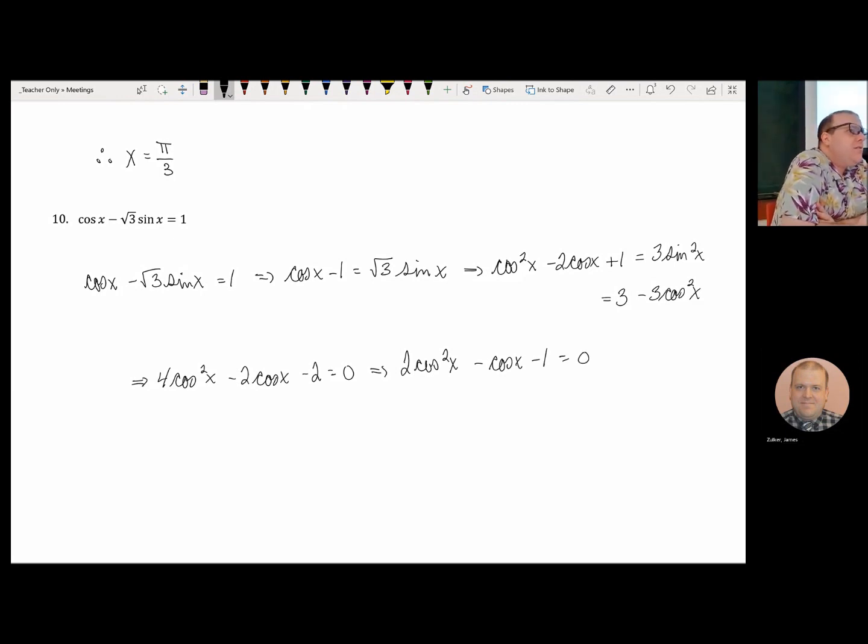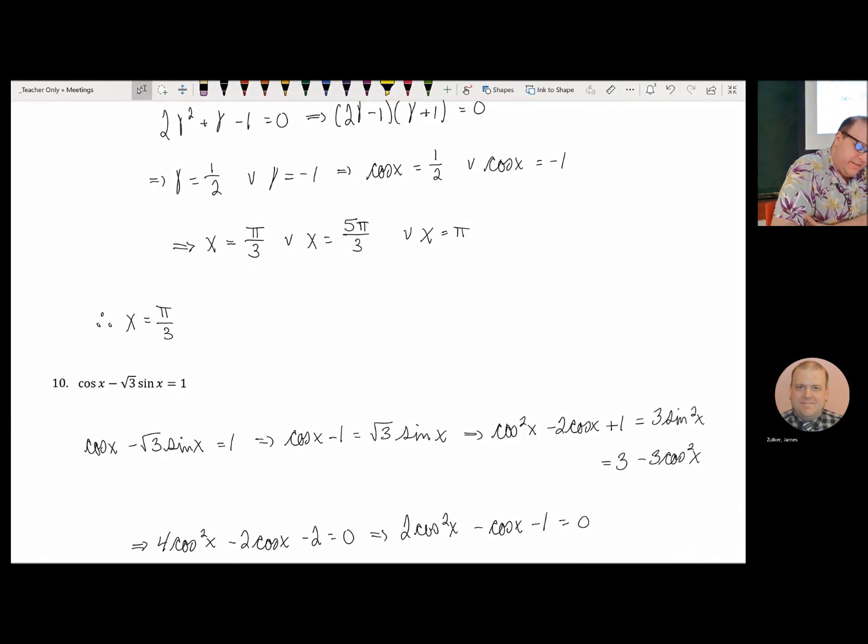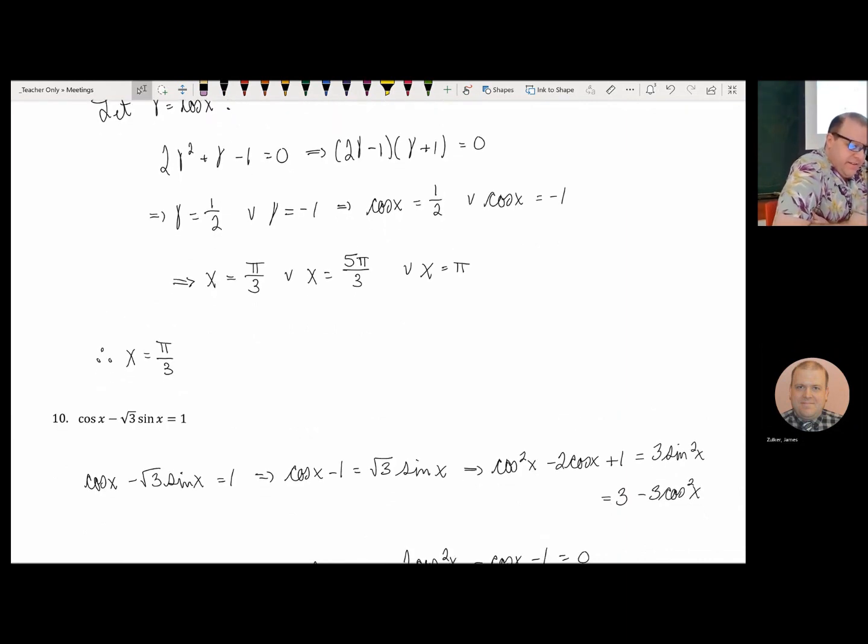Very similar. Right, so really, it's going to be identical, just the signs flip from the previous one.